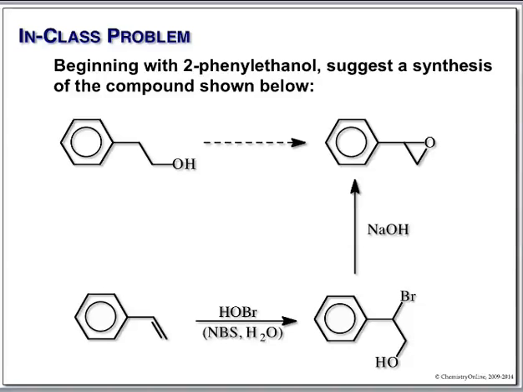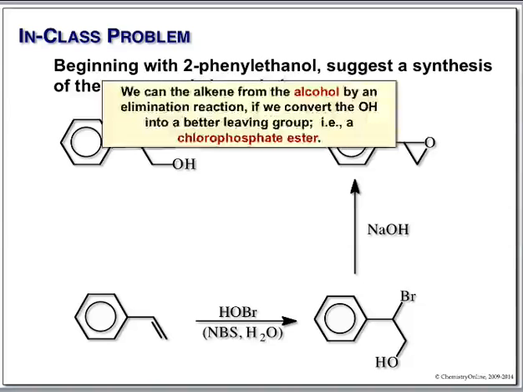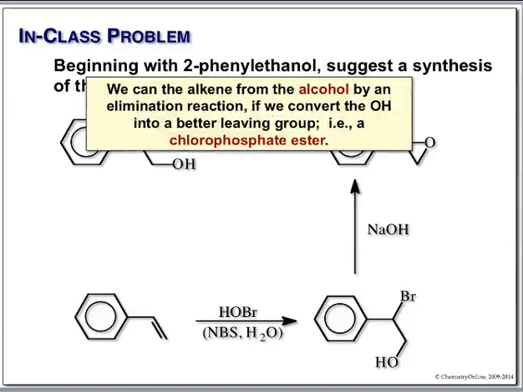We did that by taking the alcohol and reacting it with phosphorus oxychloride, POCl3. We made a chlorophosphate ester, which then underwent a really nice E2 elimination. Last chapter.